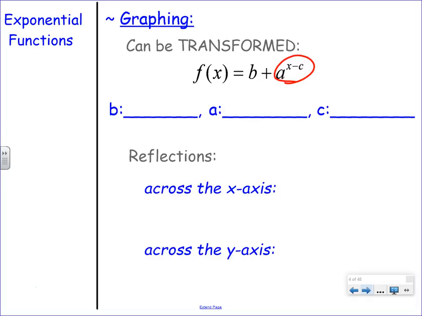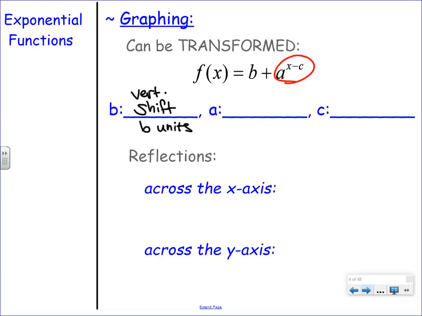So b is going to be a vertical shift of b units. If b is positive, it's a shift up. If b is negative, it's a shift down, right?